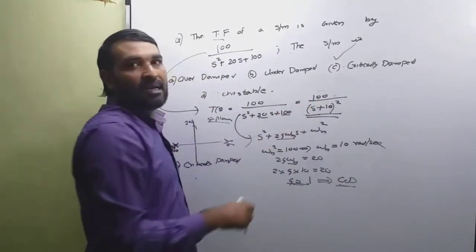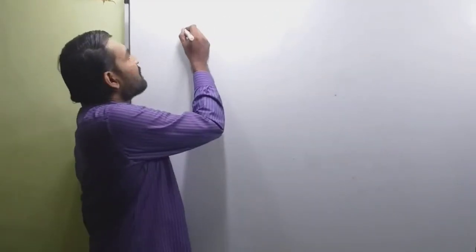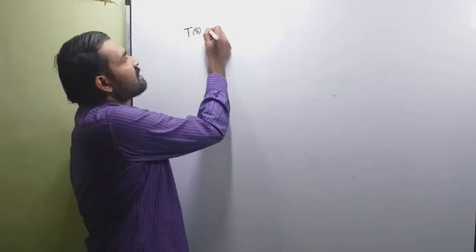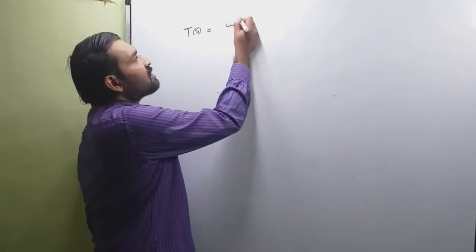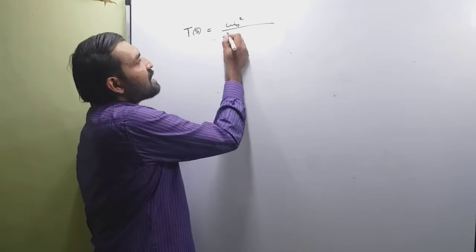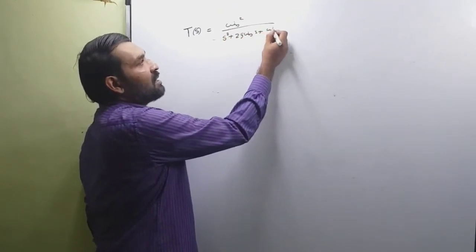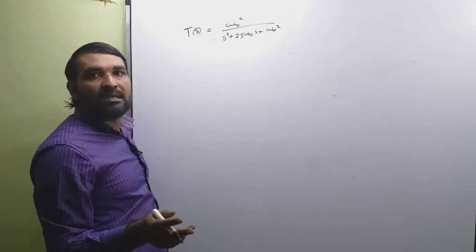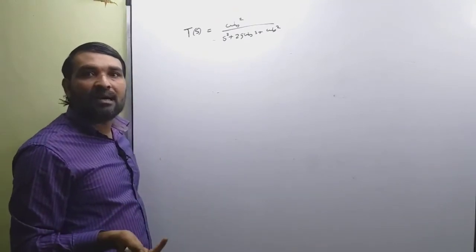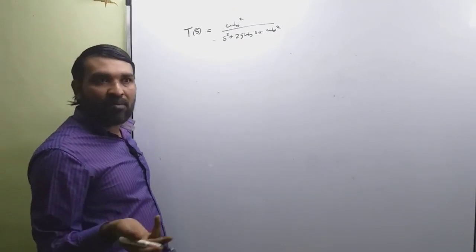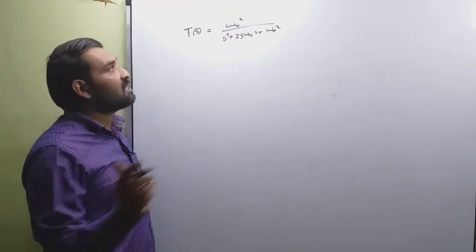So critically damped. Transfer function T of s is equal to omega n square divided by s square plus 2 theta omega n s plus omega n square. From the location of the poles, we can determine whether the system is underdamped, overdamped, critically damped, or stable or unstable.